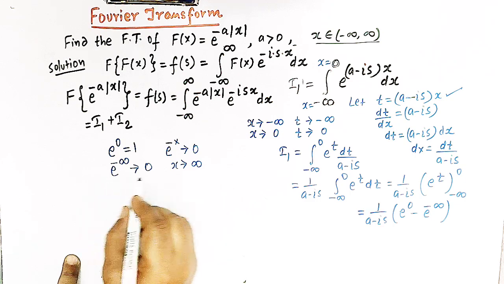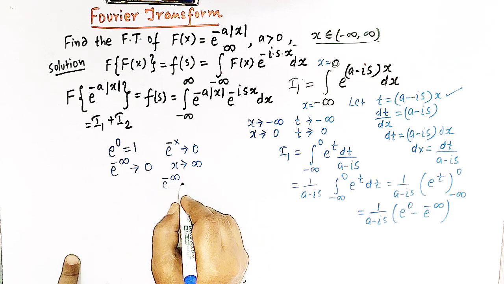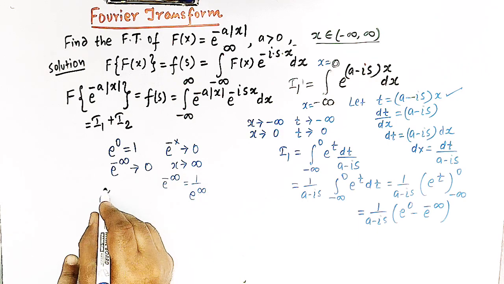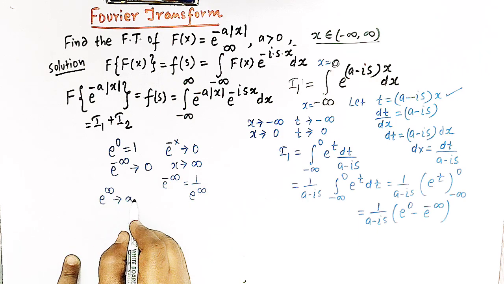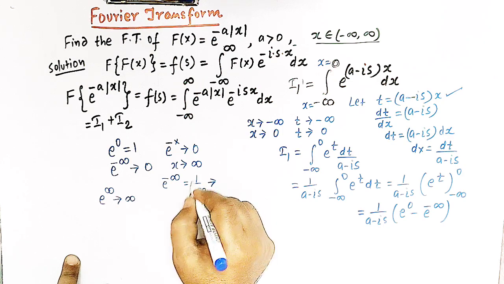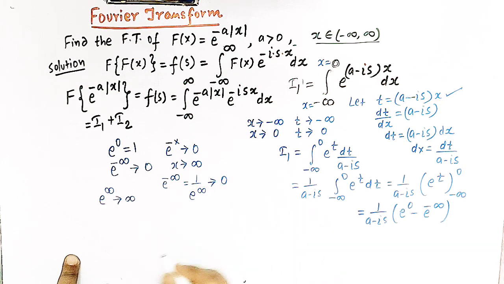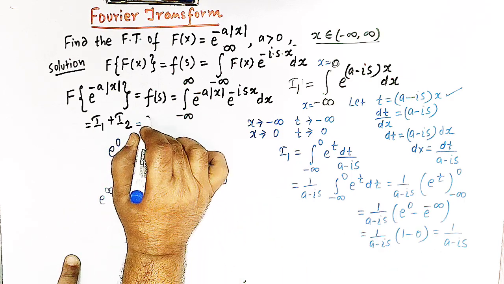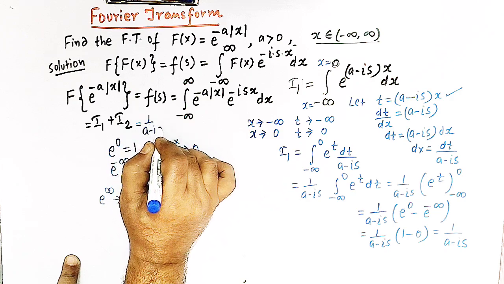Here e raised to minus infinity can be written as 1 over e raised to infinity, and e raised to infinity tends to infinity, so this expression tends to 0. So we have 1 over (a − is) times (1 − 0), which is simply 1 over (a − is). So the value of I1 is given by 1 over (a − is).